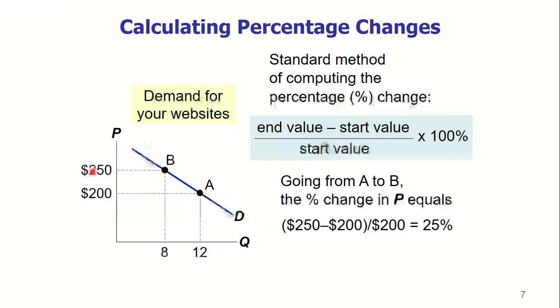Here the end value is 250 minus the start value, that is 200, divided by the start value, that is 200, multiplied by 100%, which is equal to 25%. So this is the formula for calculating the percentage change: end value minus start value divided by start value multiplied by 100%.